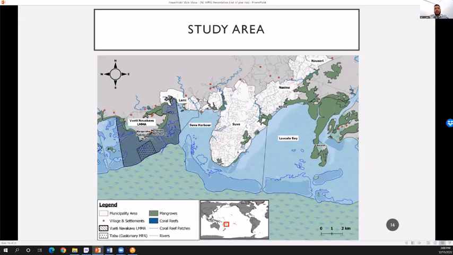It has been around for 20 years or so, and it covers around 19 square kilometers. You can see the community Vueti Navakavu, which is my study site. There are 3 villages and 2 settlements that are part of the Vueti Navakavu locally managed marine area, or LMMA.